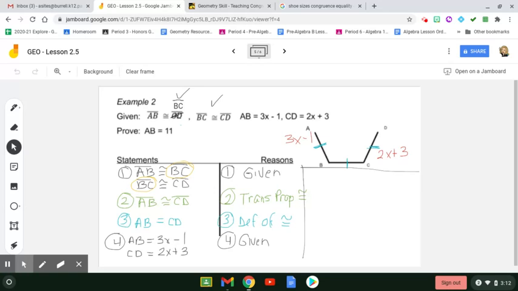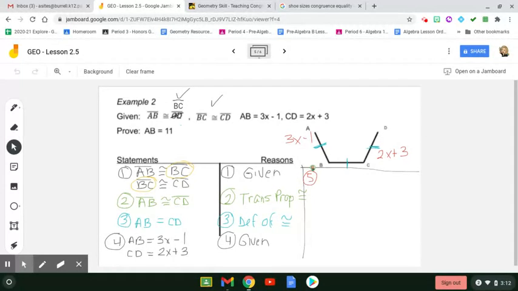Because I have this statement here that AB is equal to CD, I'm going to take this 3x minus 1 and substitute it in, and I'm going to take this 2x plus 3 and substitute it in for CD. Since I'm talking about substituting things in, I'm going to be talking about the substitution property.